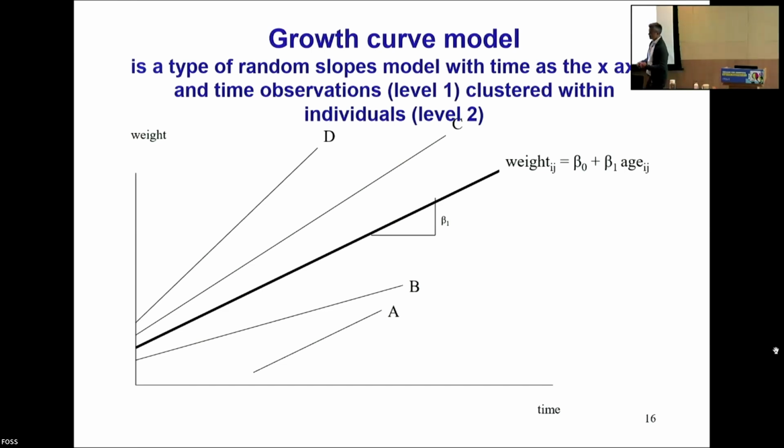So the interesting thing here is that the individual is no longer at level 1. The individual is at level 2, and the occasion, the time that you observe and measure the weight or whatever you're interested in y, is at level 1.